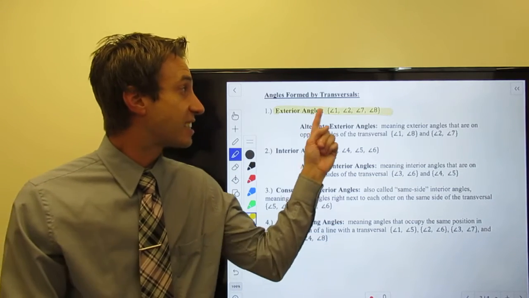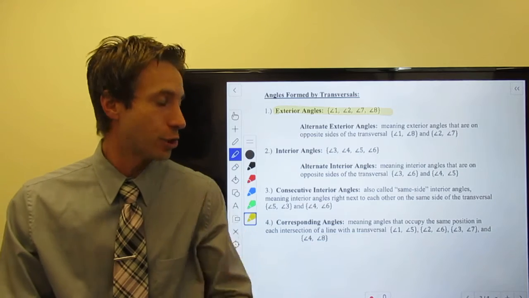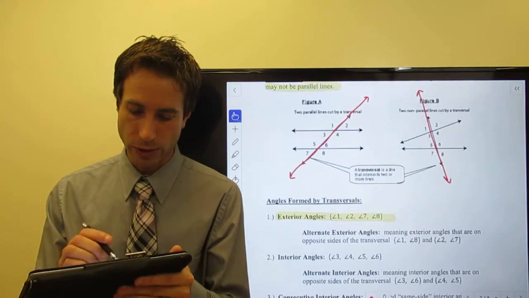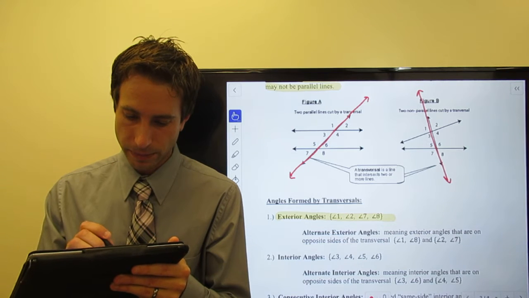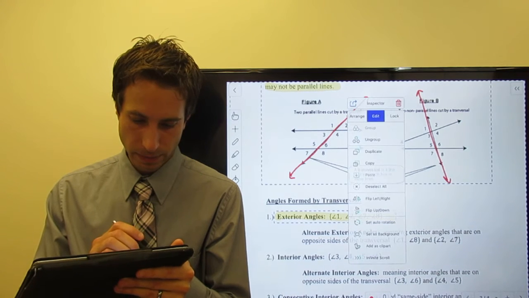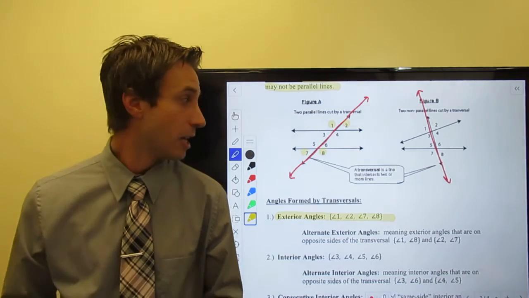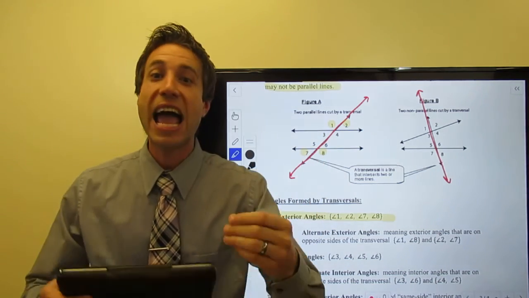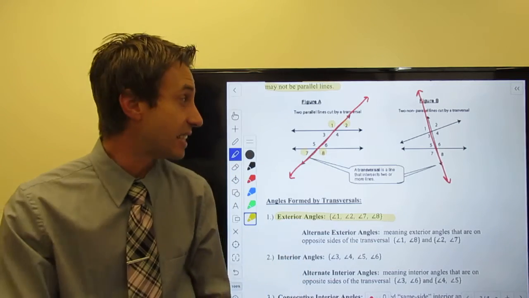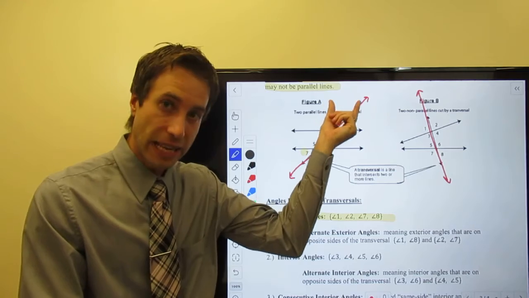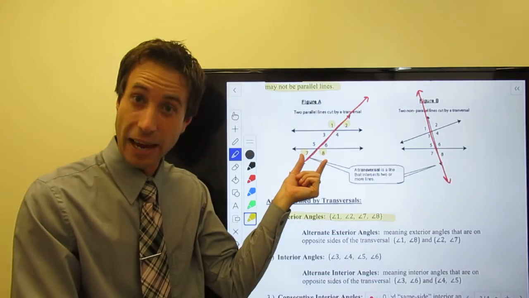Okay, so exterior angles: angles 1, 2, 7, and 8. Let's just jump back up here. Where are those angles? There's angle 1, 2, 7, and 8. Exterior, why? Well, what you can see is that of all of the angles I've got, 1 and 2 are on the outside edge, 7 and 8 are on the outside edge.